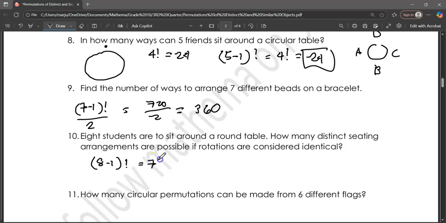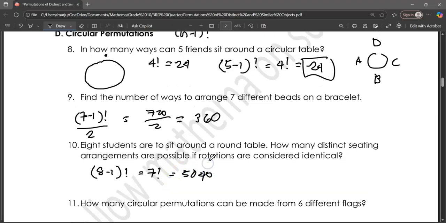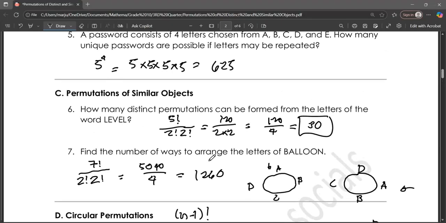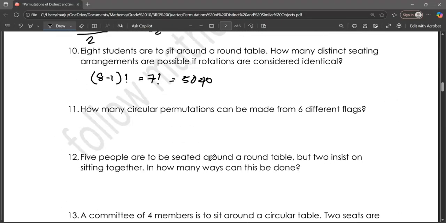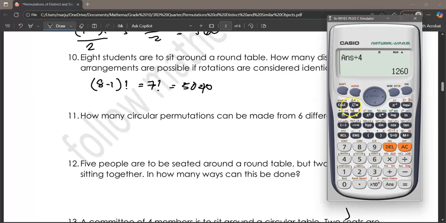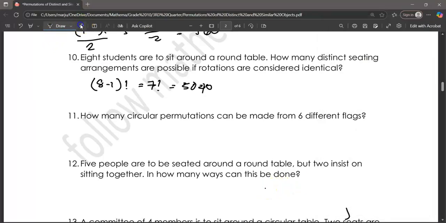That is 7 factorial. And we know earlier that 7 factorial is 5040. Am I correct? 5040. Let me just use the calculator to check. I think we did that already. Yeah, that's it. That's 5040.